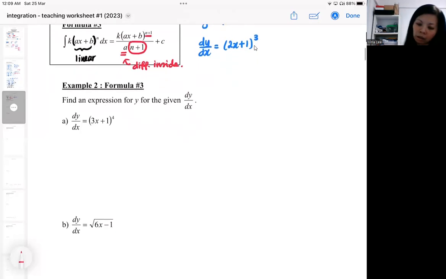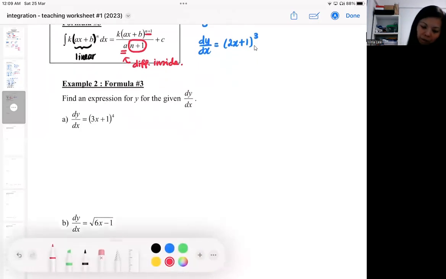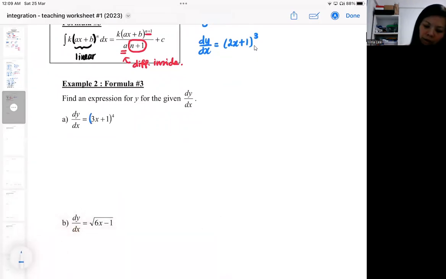Okay, so let me show you the formula. In this case, if you look at the dy dx, it's ax plus b. Maybe for you, you need to think about the a as 3. You look at the bracket, 3x plus 1. If you compare with ax plus b, obviously a is 3. So if I would like to get y, notation is always the integration sign, the fork and spoon. Then you apply the formula.